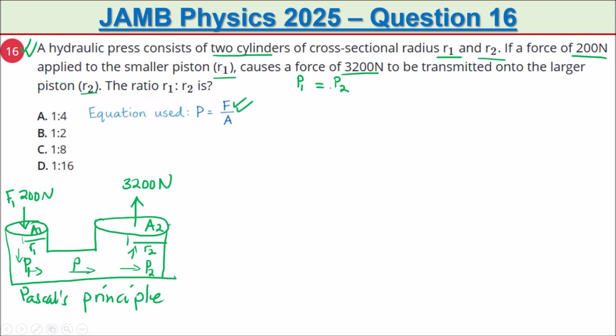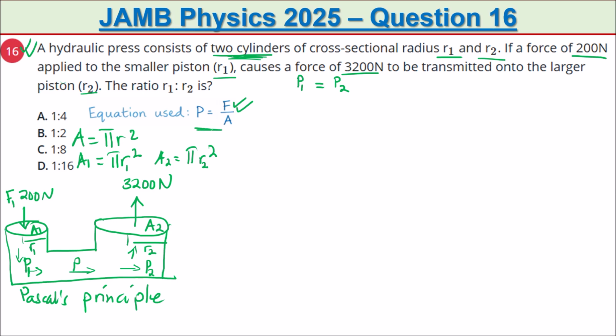How? By Pascal's principle. But we know that pressure is force per unit area, and these are cylinders. So where there is area, we can say the area of a cylinder is equal to pi r squared. So area 1 is going to be pi r1 squared, and area 2 is equal to pi r2 squared.